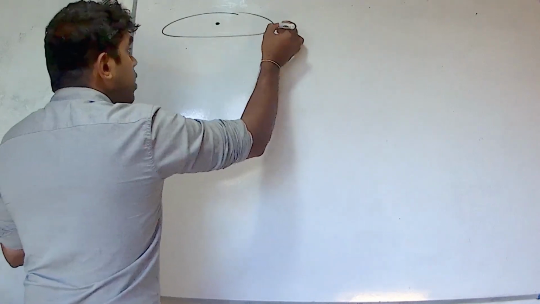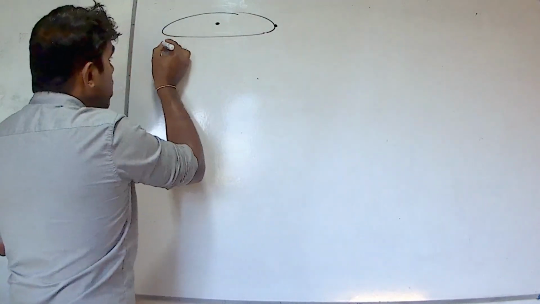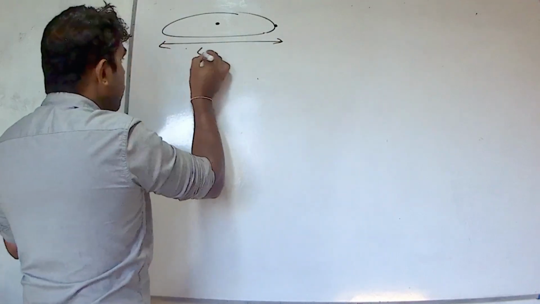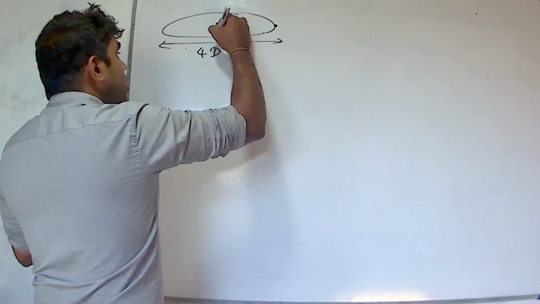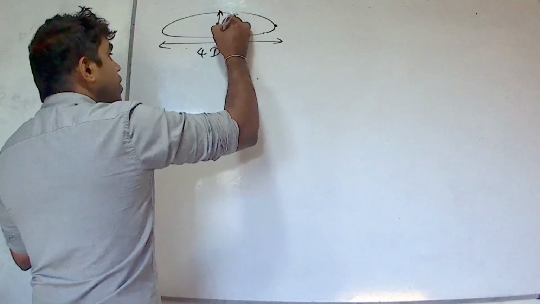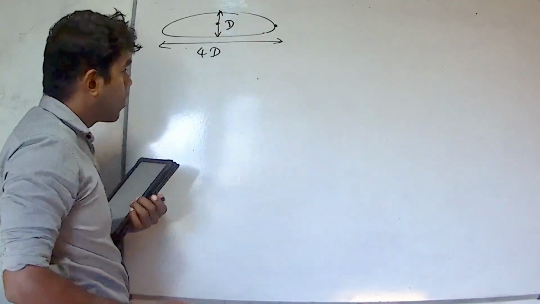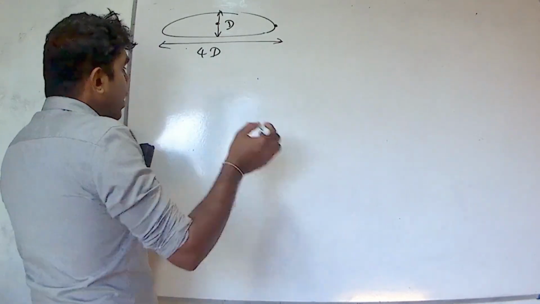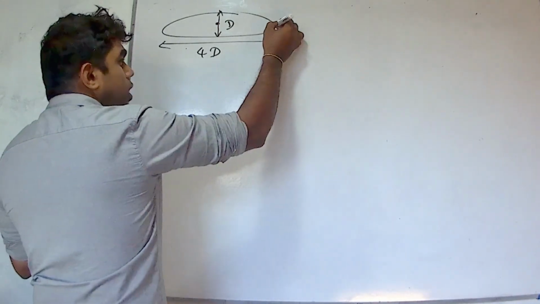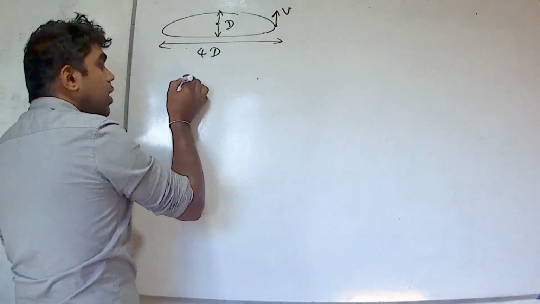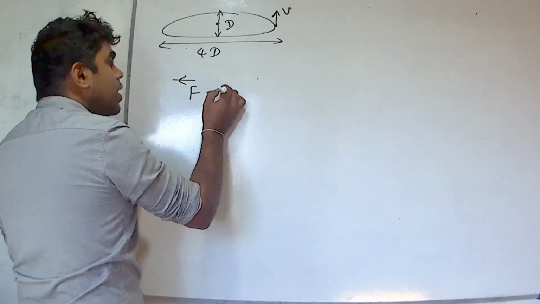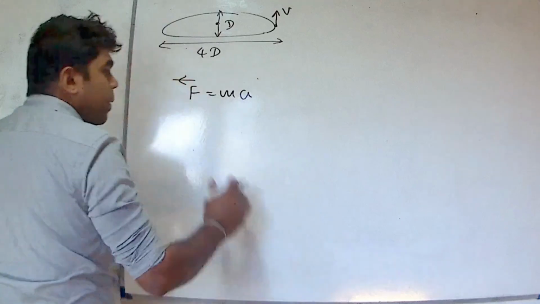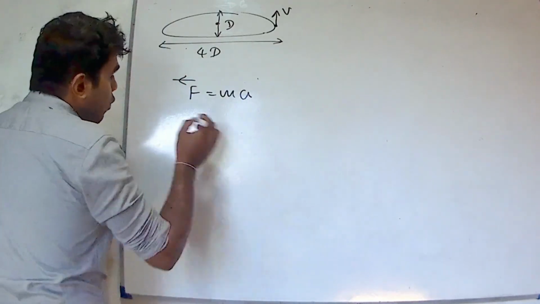I will consider this is the Earth, this is the satellite. This distance is 4D and this distance is D. Now, we know that for circular motion, we can use F equals ma towards the center. Centripetal force is given by the gravitational force.